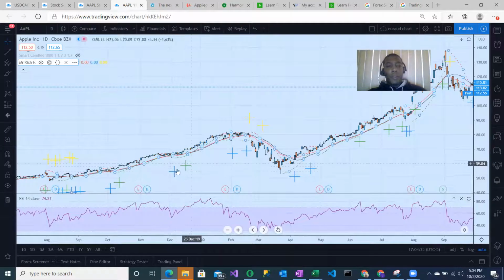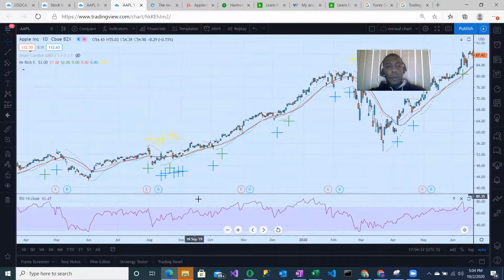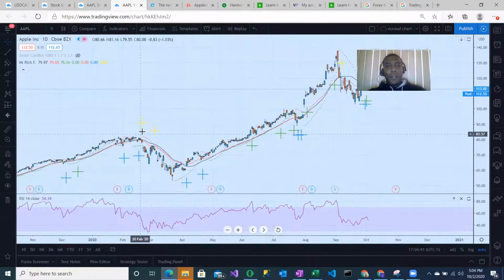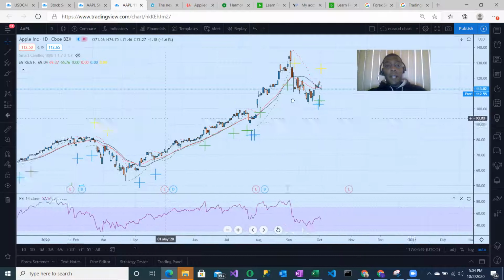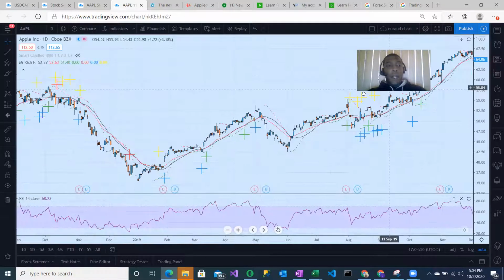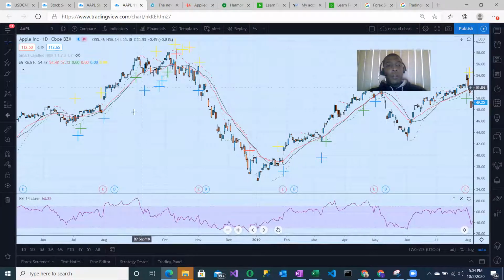Like most of these blues and greens, the price isn't going below those crosses. But we can see these yellows and these reds, price eventually goes above those yellows, going above here, going above here. Not that these are measuring tools, but we can see that that's happening. We don't see that happening too often on the blues.